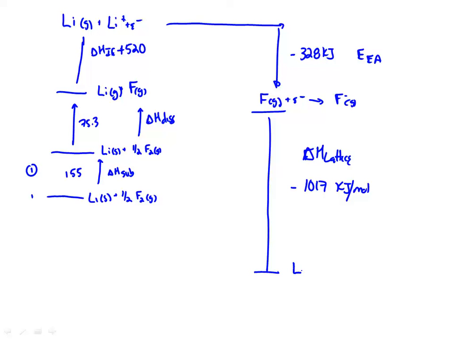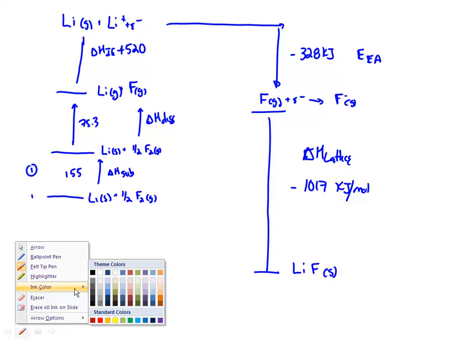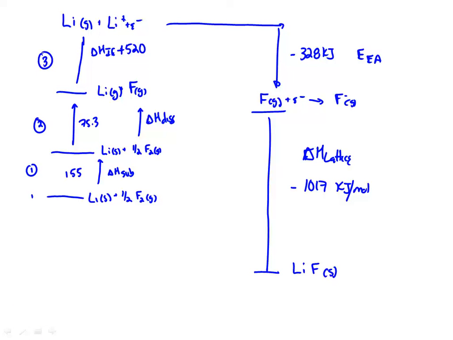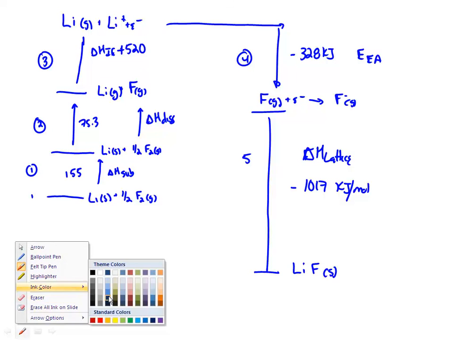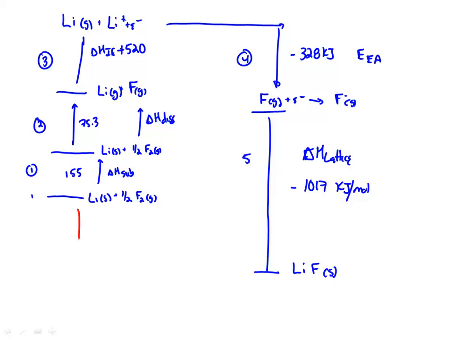That was going to lithium fluoride, solid. And so then notice that this was step 2, step 3, step 4, step 5. Notice that, and I'll switch colors, the difference in this energy level right here was that delta H of formation.